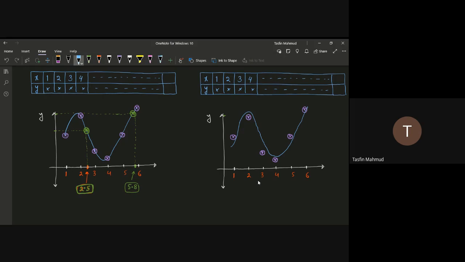In this case, the curve that we are getting is not passing through the data points exactly. Rather, it will try to minimize the error. So this blue color curve is our fitted curve from the data points, and these purple colored points are the given x and y. Okay, so that's the key difference between regression and interpolation.